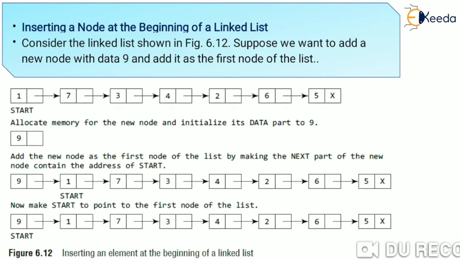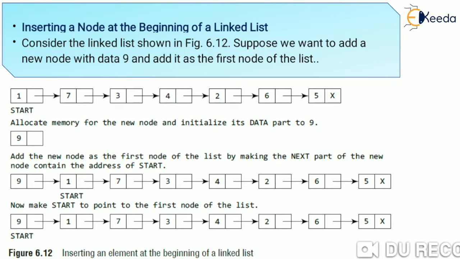Now we have a sample linked list with us. The sample linked list contains 1, 7, 3, 4, 2, 6, 5. Now these are a total of 7 nodes with respective data and address. At the end we have X, meaning null. So at the null we stop our search.